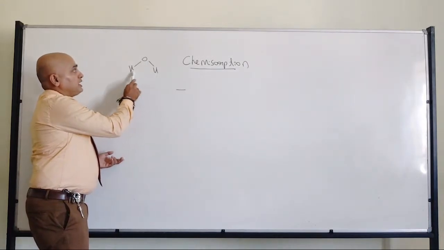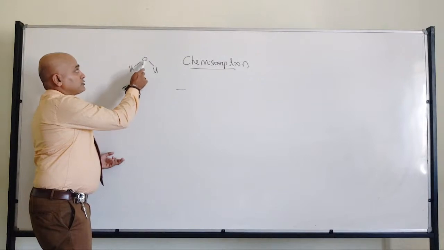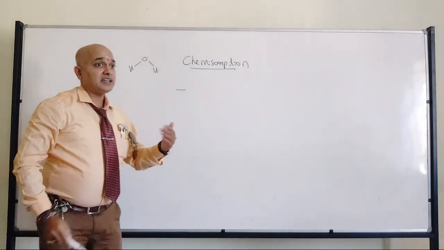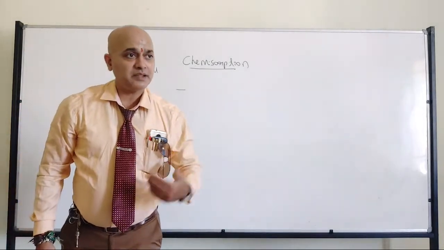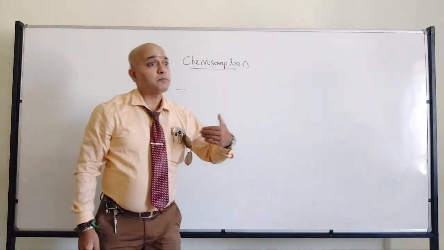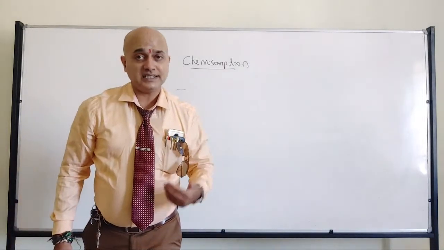Hydrogens are not bonded to each other. It is hydrogen to oxygen, hydrogen to oxygen. That's where there is specificity. Specific interaction is taking place, specific bonding has taken place. That's why the water molecule exists.